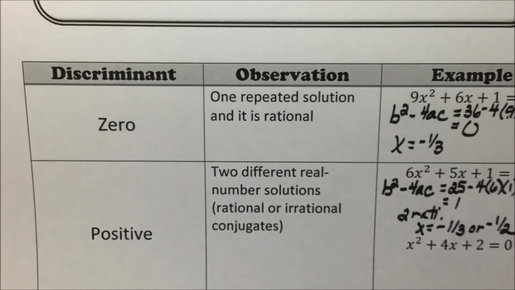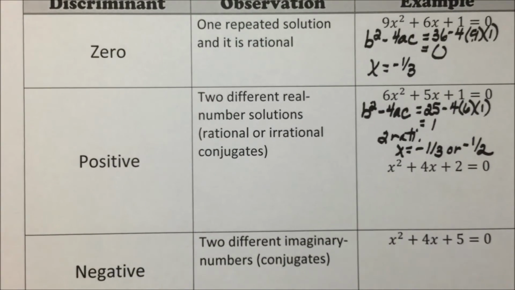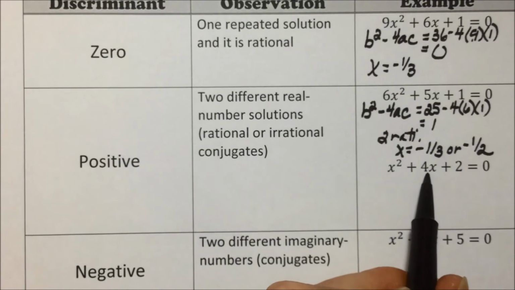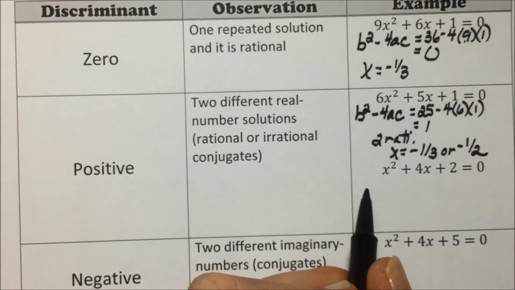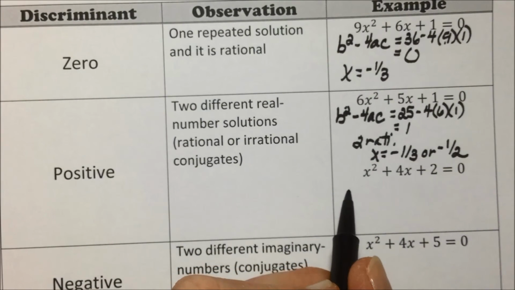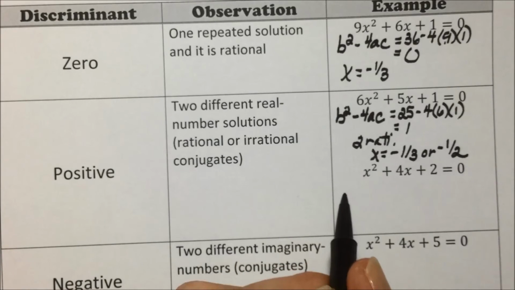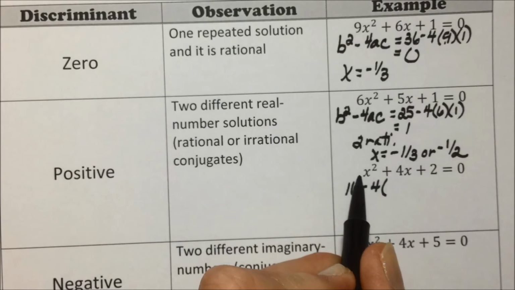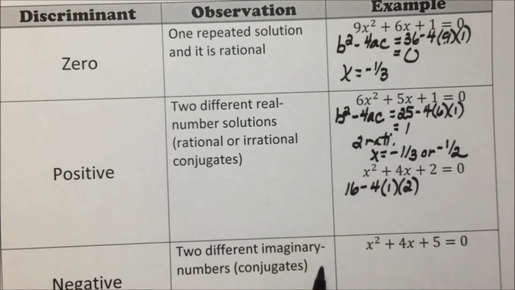In this other example, looking at the value of the discriminant, we have a is 1, b is 4, c is 2, and if we determine the value of the discriminant here, we would have b squared, 4 times 4 is 16, minus 4 times a, which is the 1, times c, which is the 2.